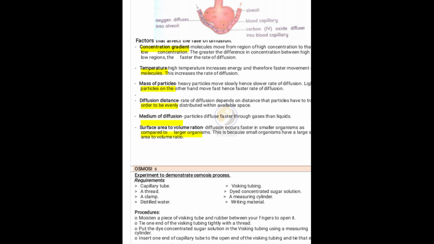In summary, diffusion in plants helps in gaseous exchange and in uptake of mineral salts from the soil. In animals, it helps also in the absorption of digested foods in the body.